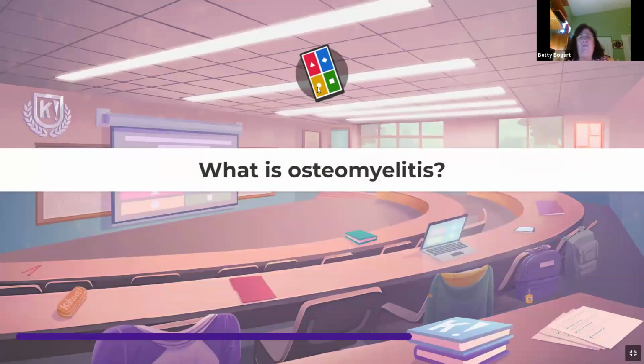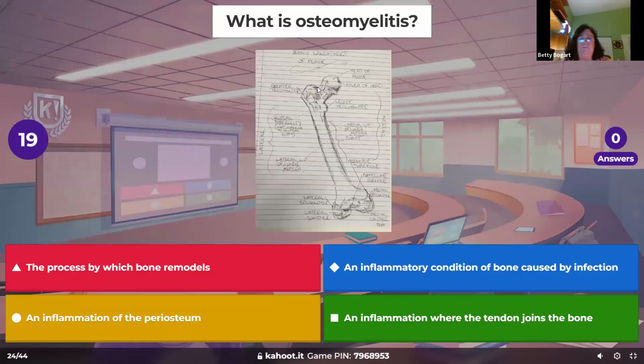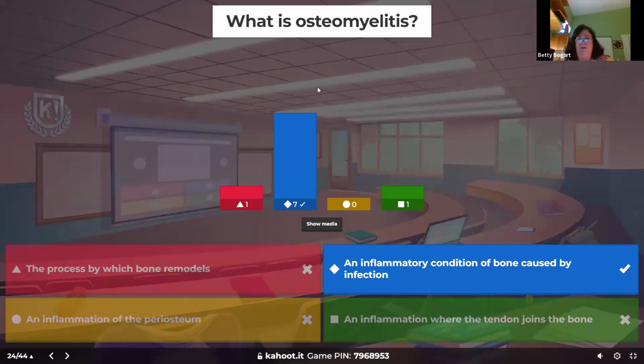What is osteomyelitis? So itis is an inflammation.